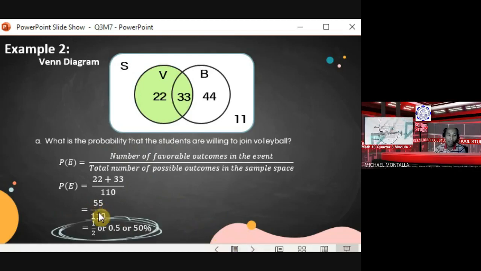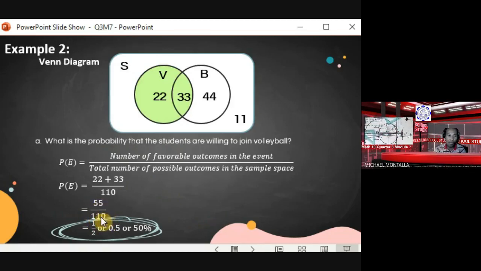Okay, so the answer is 55 over 110 or mayroon bang lowest term to? Mayroon. Ang 55 sa 110 ay 1 half. Sir, paano po yun? Ganito kasi yan. Divide mo ng 55 over 55. Para kasing common to eh. 55 tapos naging 110. Kalahati. Okay? So, 1 half. Ngayon, kung nahirapan ka doon, ang maipapayo ko ganito. Kung nahirapan ka maghanap ng lowest term, 55, i-divide mo sa 110. Pwede na mag-calculator.